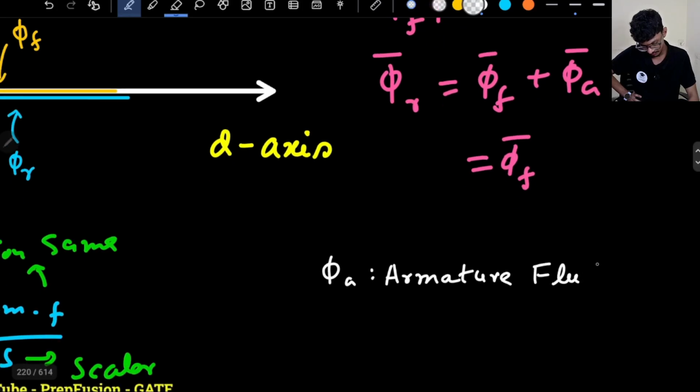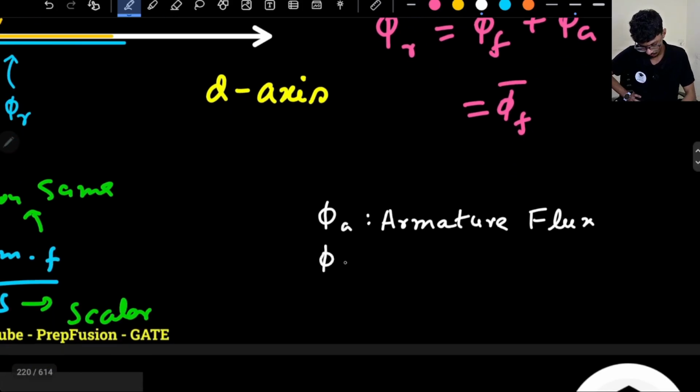Phi a is the armature flux. Phi f is the field flux. Phi r is the resultant flux.